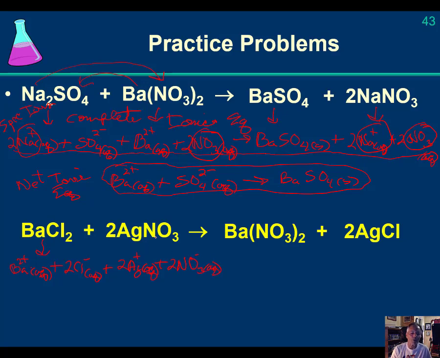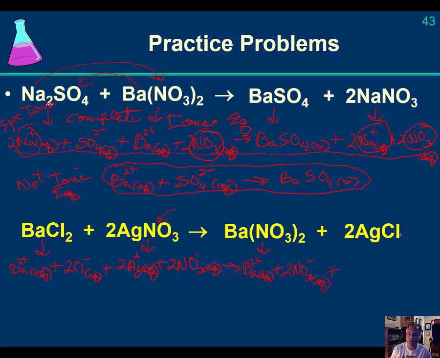What's the solubility rule for silver nitrate being a soluble, strong electrolyte? It's a nitrate, and all nitrates are soluble. This is barium nitrate. It's a soluble salt for the very same reason. So we'll go ahead and dissociate it. That'll be barium 2+ aqueous plus 2 nitrates, aqueous.